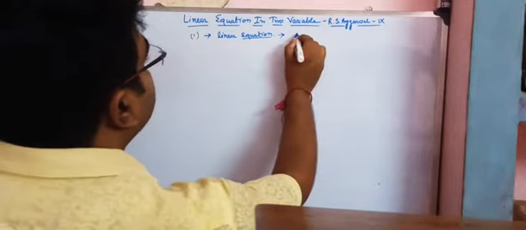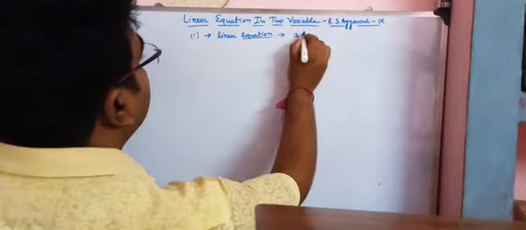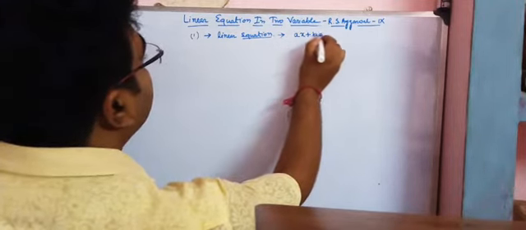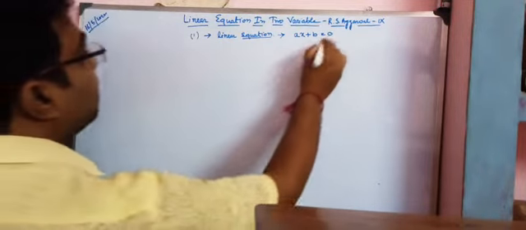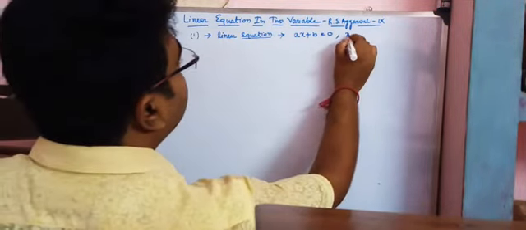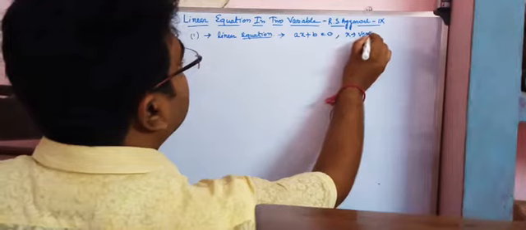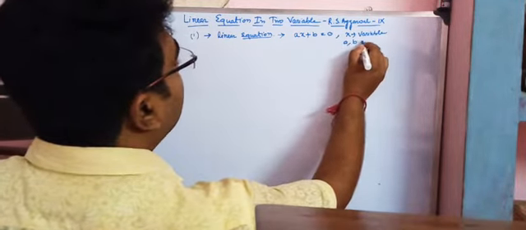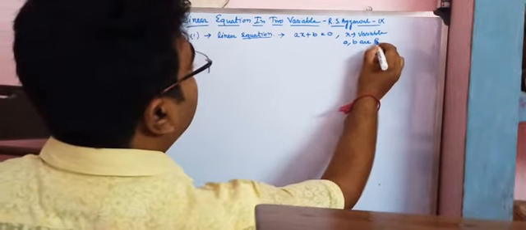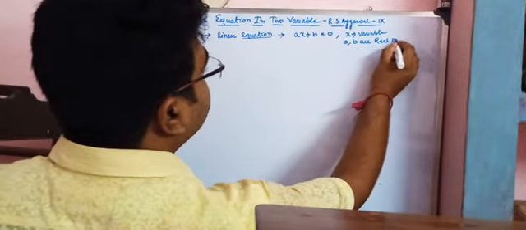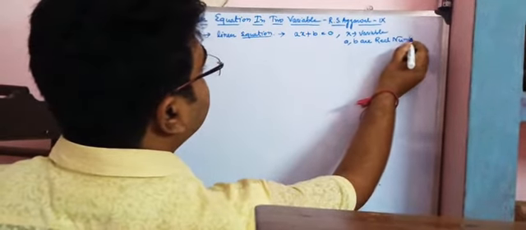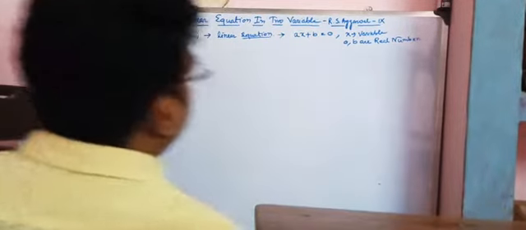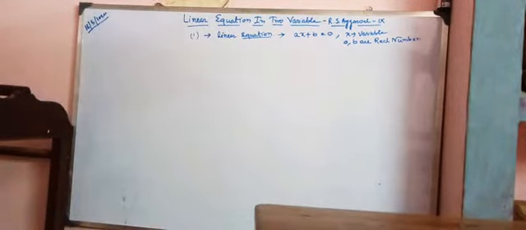That is, suppose we take ax plus b equal to 0, where x is the variable and a, b are real numbers.